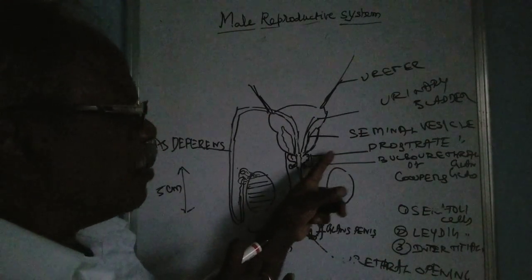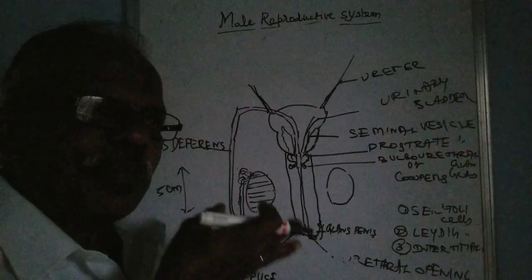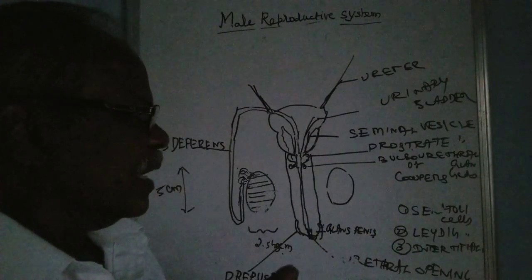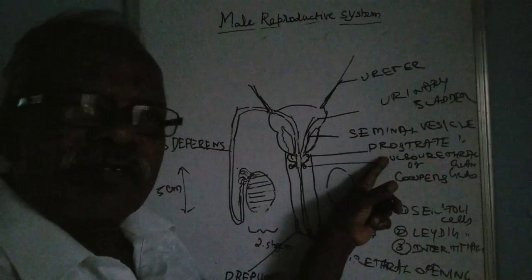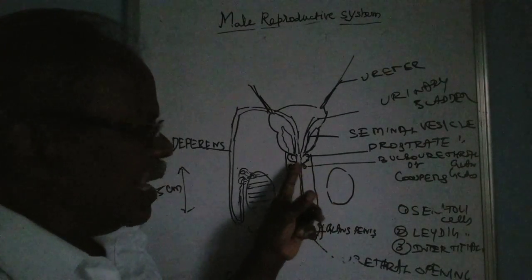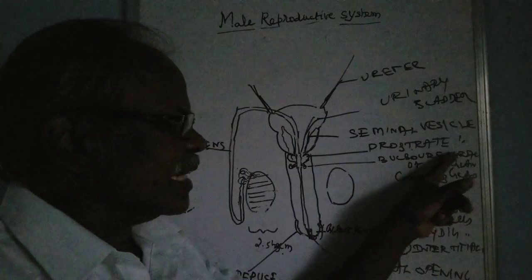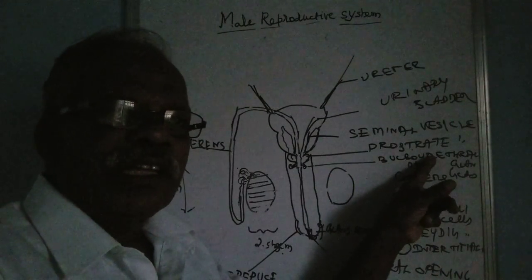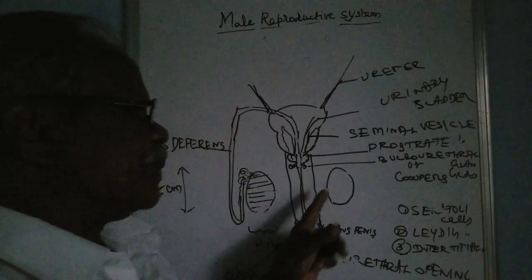The prostate gland helps in the propulsion of the sperm. The bulbourethral gland also gives nutrition and acts as a lubricating agent for the glans penis.